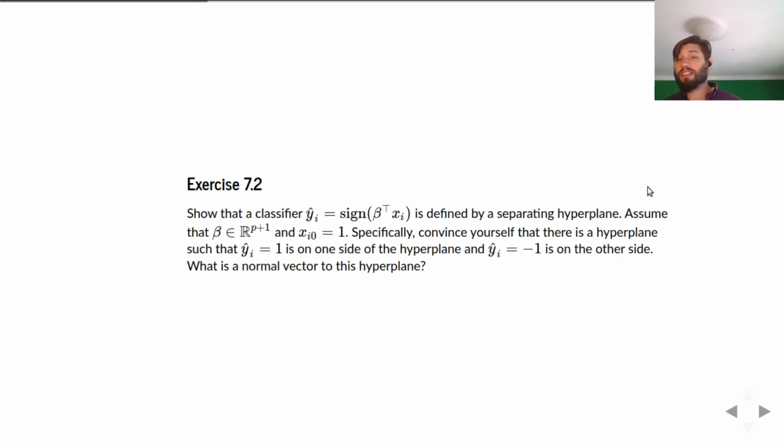I'd like you to convince yourself that this classifier being a certain value is actually defined by a hyperplane. Particularly, y hat equal to 1 is on one side of the hyperplane, and y hat equal to -1 is on the other side of the hyperplane, and that's a defining feature of this prediction. And then, what's the normal vector to this hyperplane? So go ahead and solve this problem, and we'll answer it when we return.